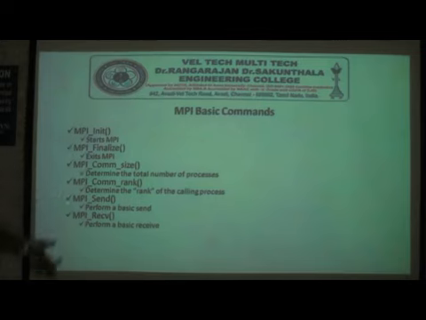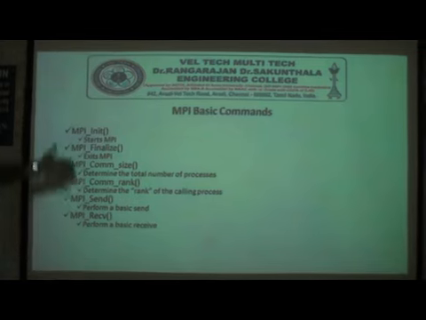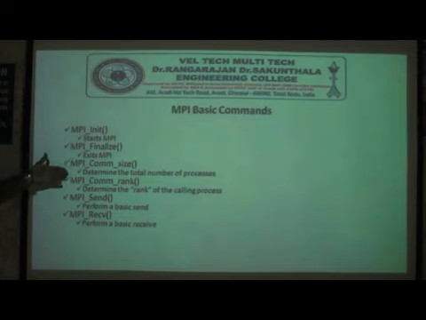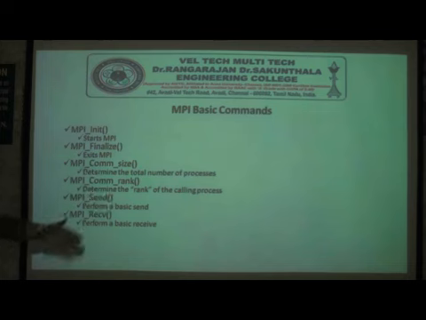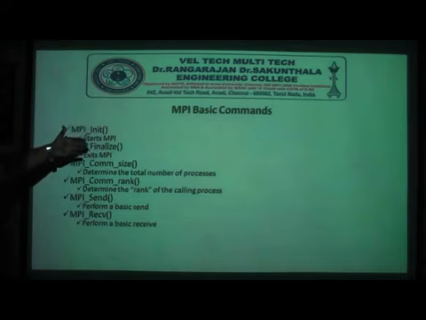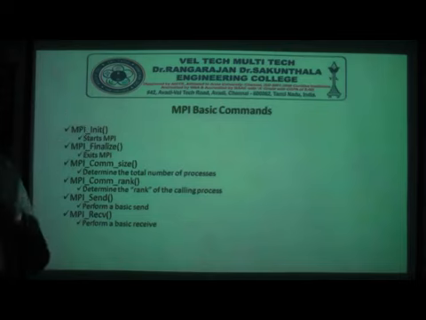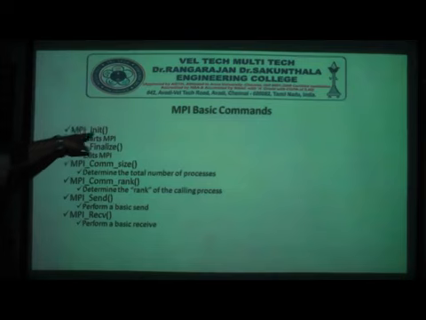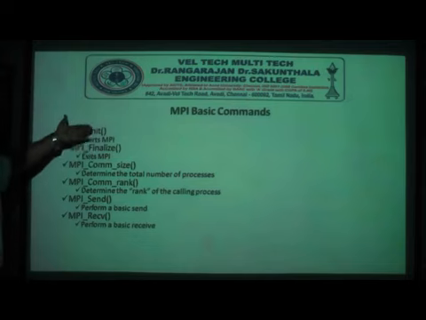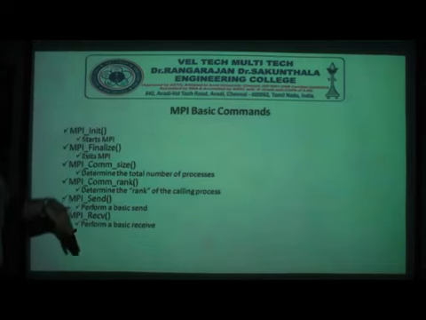These are the list of basic commands available in MPI: MPI_Init, MPI_Finalize, MPI_Comm_size, MPI_Comm_rank, and then the send command and receive command. The init and finalize commands are used whenever you want to use MPI. We should start with MPI_Init, and if you want to close the functionality, we use MPI_Finalize. Between initialize and finalize, we can call all the functionality.